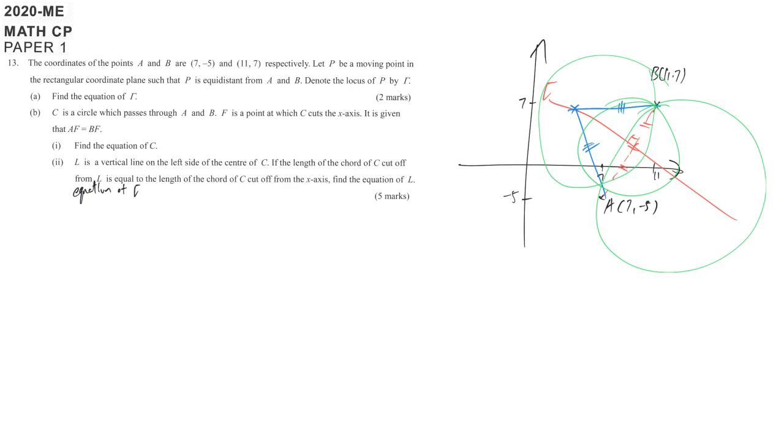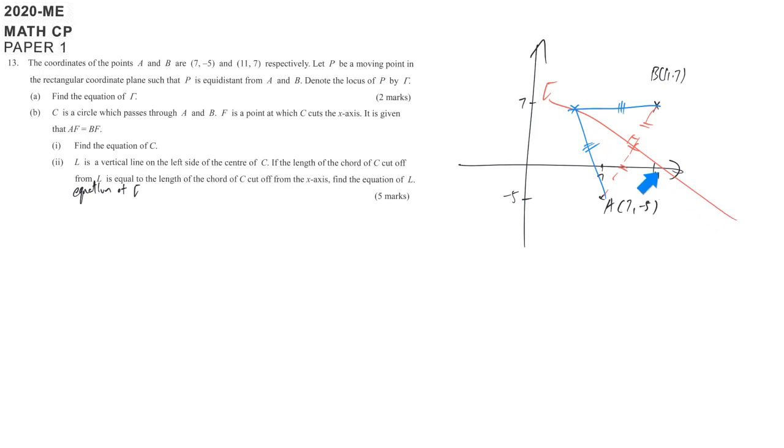And then they say that there is a point F where the circle cuts the x-axis. And a very important thing is FA equals BF. So that means F fulfills the requirement in part A. F is equal distance from point A and from point B, which means that F is lying on this line L and at the same time cuts the x-axis.